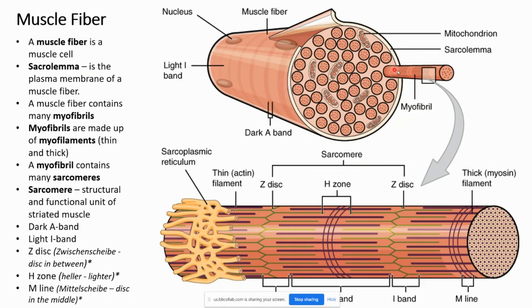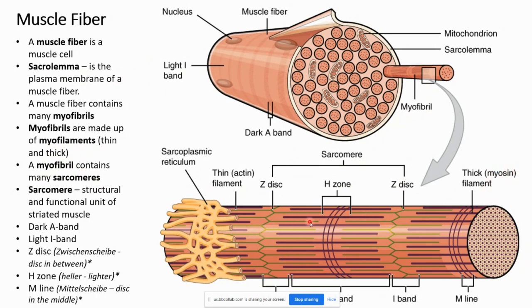fiber. Now, if we just look at one myofibril, which is down here, this is just one myofibril now, so we're highly magnified. We can see that it's made up of myofilaments. There it is, myofilaments. There's thick filaments and thin filaments. In purple, we see the thick filaments, and that's called myosin.